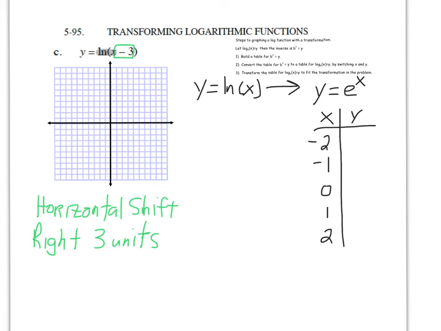And when x is -2, and I plug in -2 in there, e to the -2 is 0.135, e to the -1 is 0.368, e to the 0 is 1, because anything to the 0 is 1. E to the first power is 2.718, and e squared is 7.389.